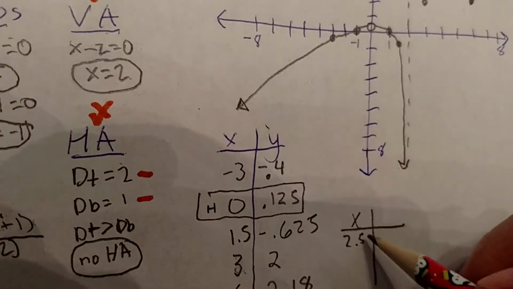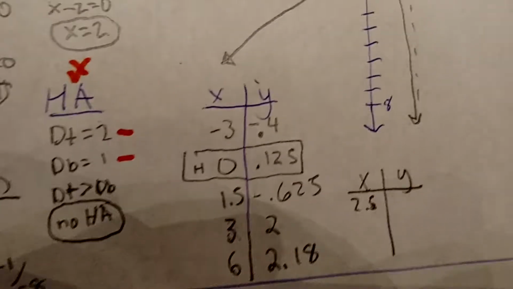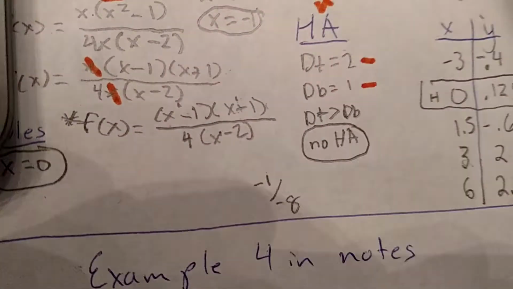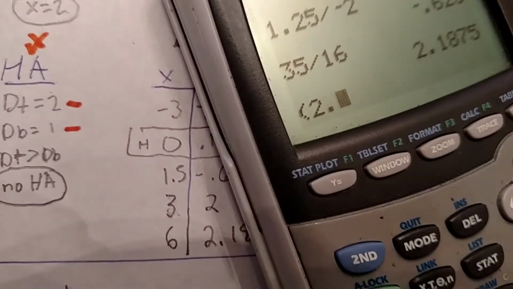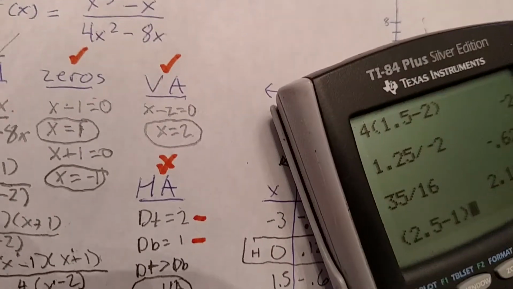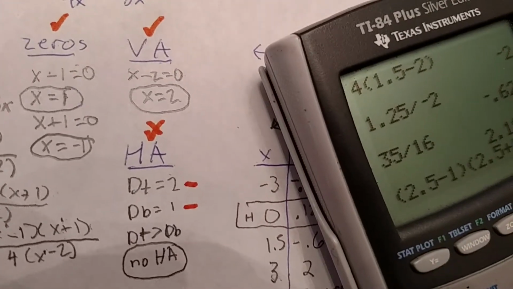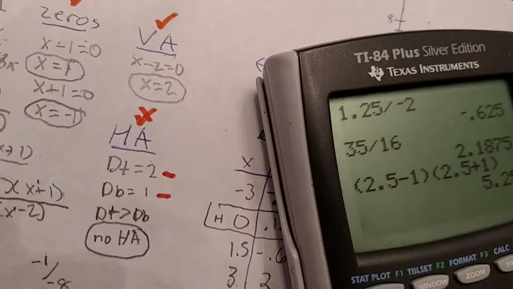So, okay, 2.5. And then y. So let's plug it in. 2.5 minus 1, and 2.5 plus 1. Enter. 5.25. Okay.